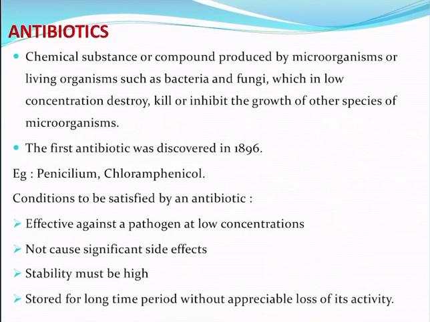The first antibiotic was discovered in 1896. Next, Alexander Fleming in the year 1928 rediscovered it from the filamentous fungus Penicillium notatum. So the first antibiotic which was discovered was penicillin.